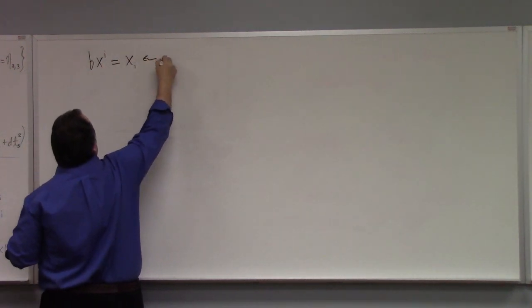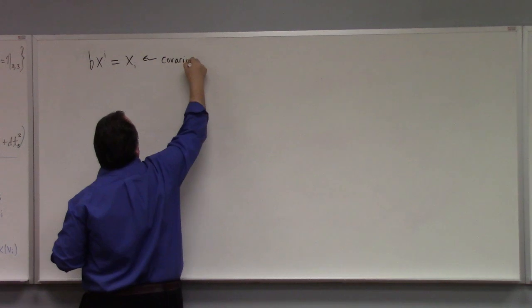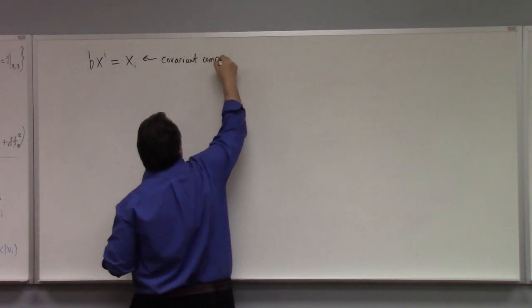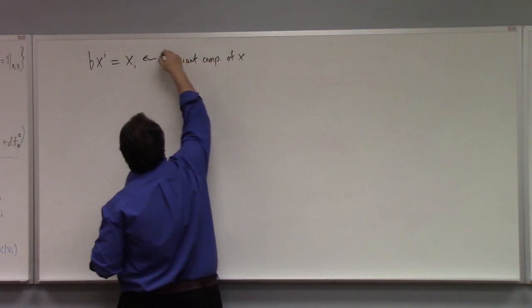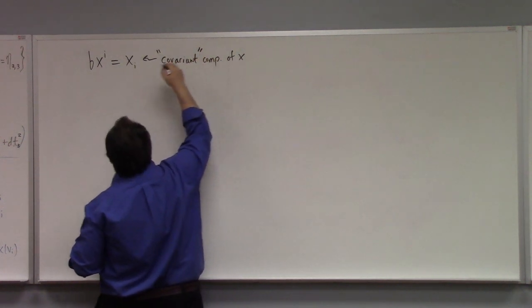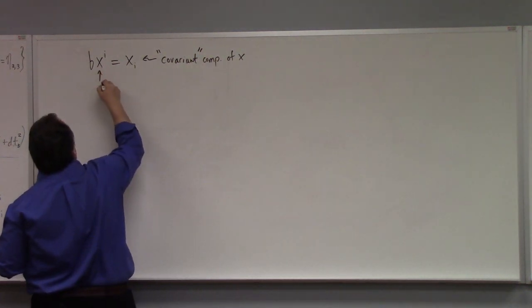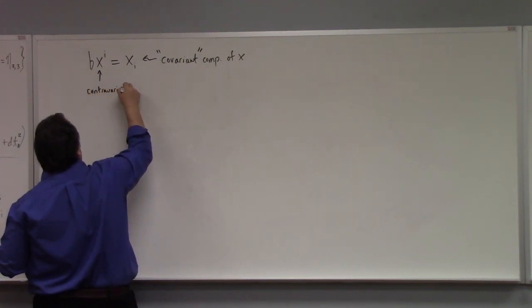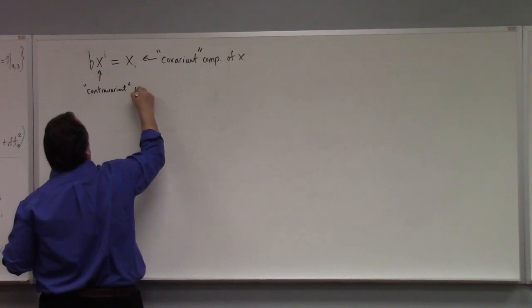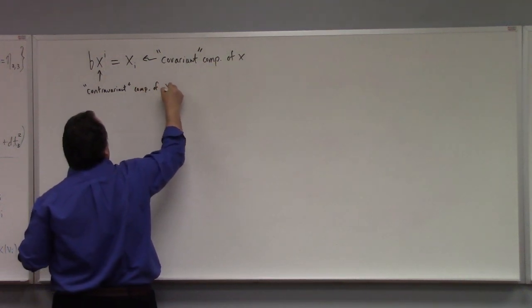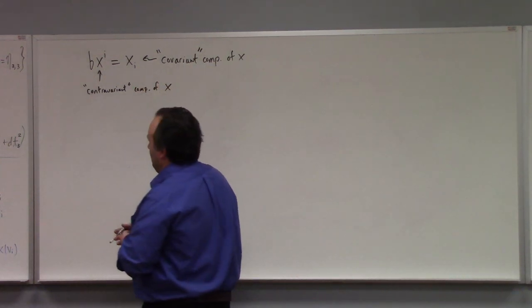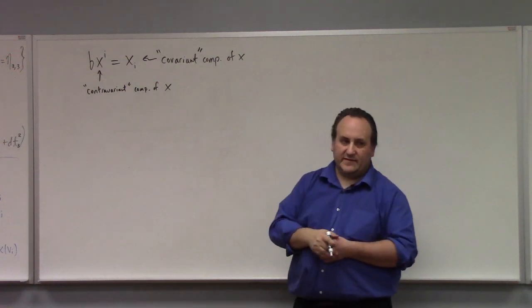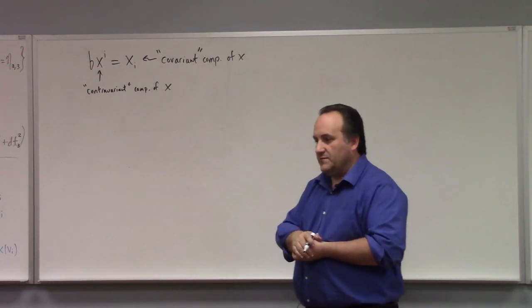So these are the covariant components of X, whereas this, just X by itself, is the so-called contravariant component of X. Now, to be fussy, X sub I is not really a component of X. It's a component of a corresponding dual vector.